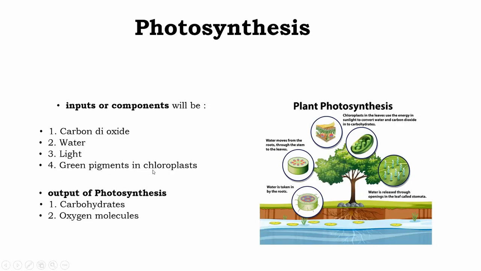I will let you know how it happens at the end of my class. The outputs of photosynthesis are two major components, carbohydrates and oxygen. But water also goes out as an output. So within this only, I'm going to teach today.